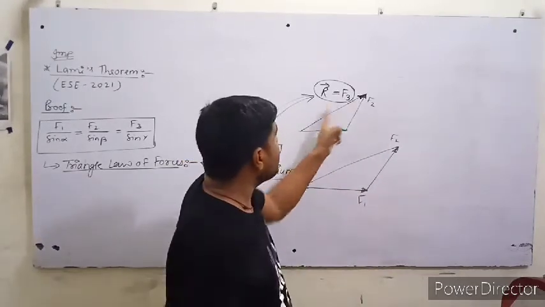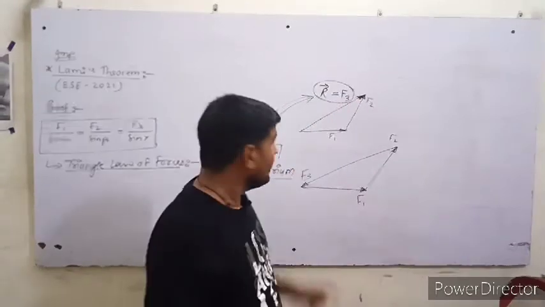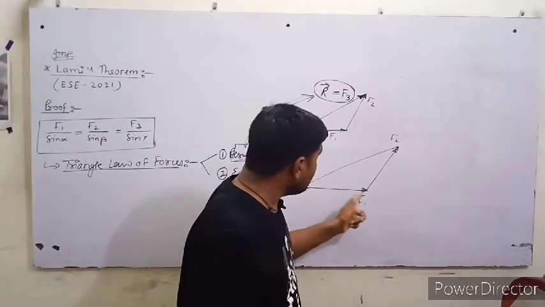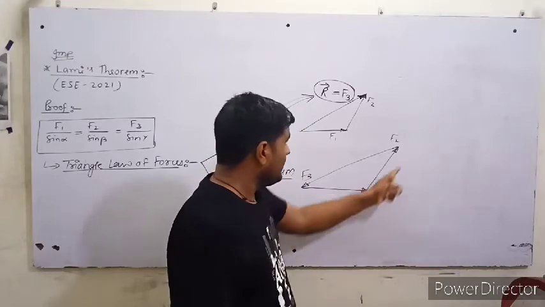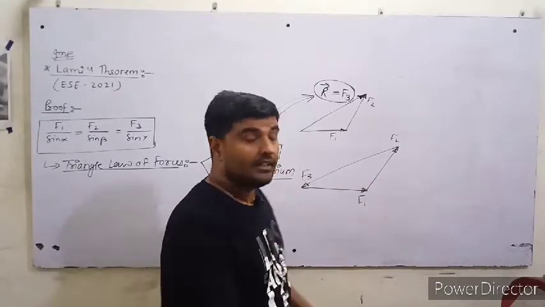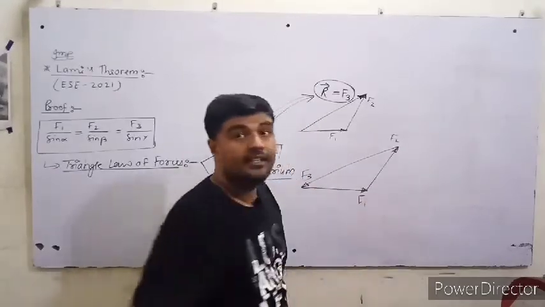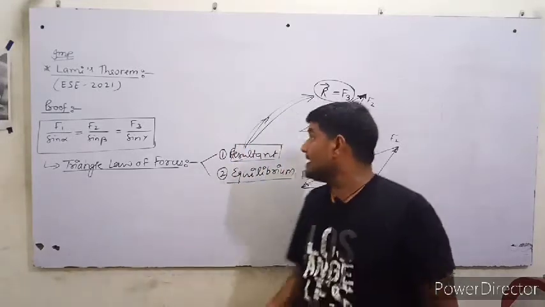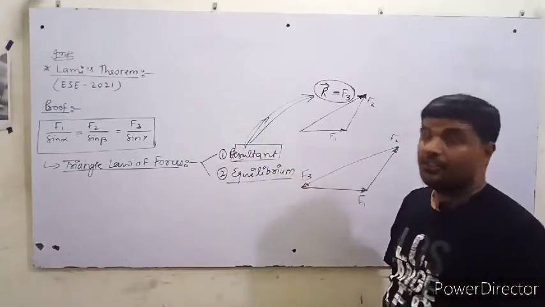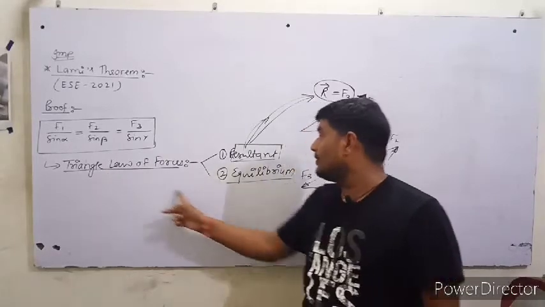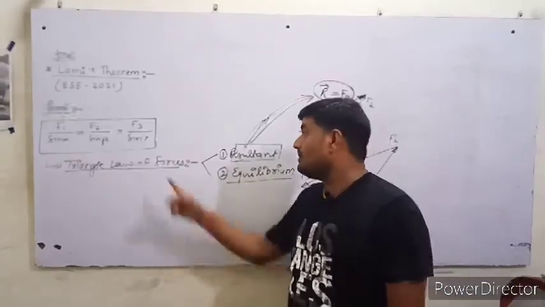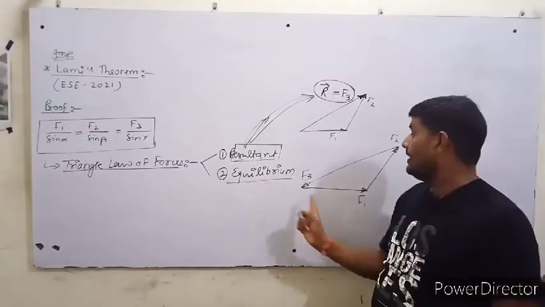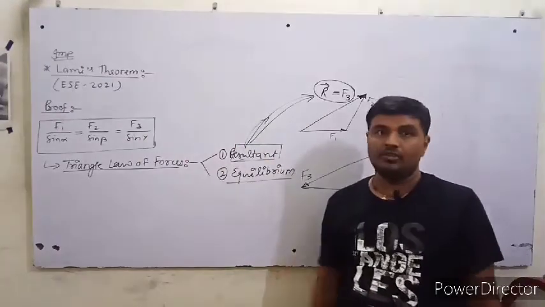Here the closing side will represent the resultant. If I take all three forces in a cyclic order, then these three forces will be in equilibrium. So this is the triangle law of forces for equilibrium. With the help of this statement, we will prove Lami's theorem.